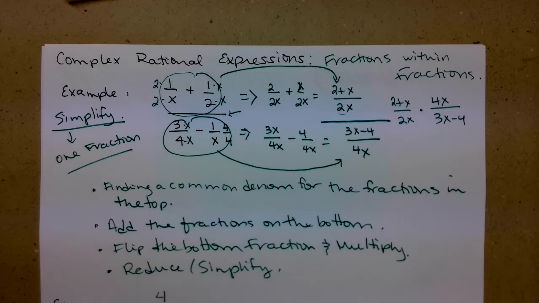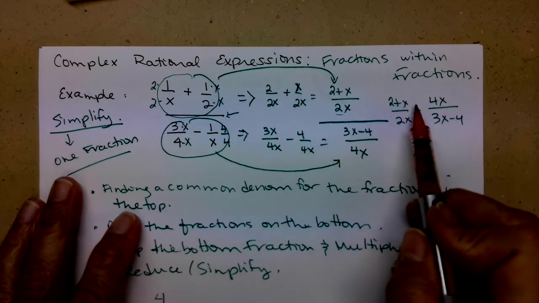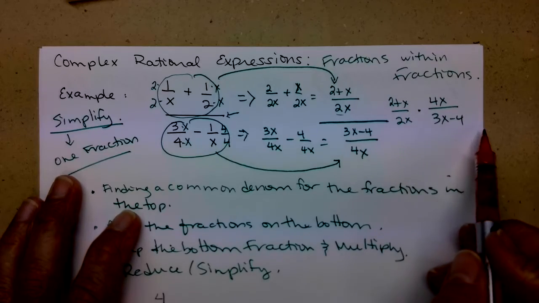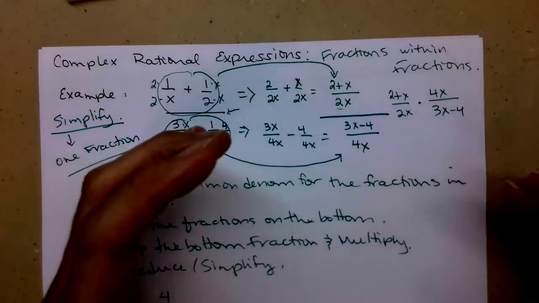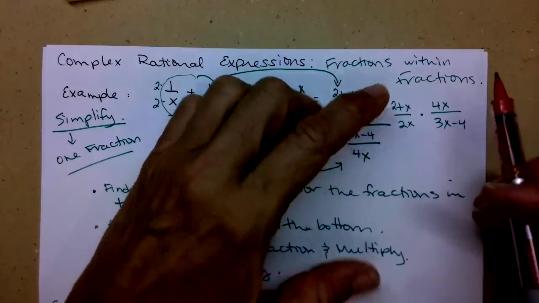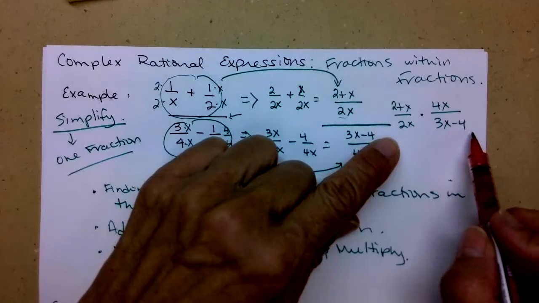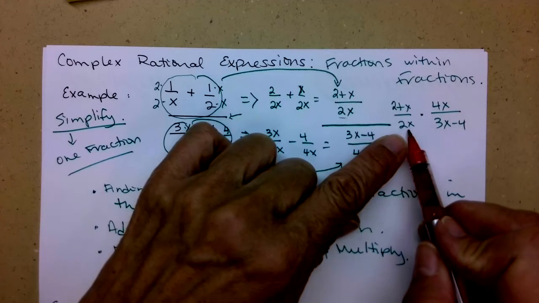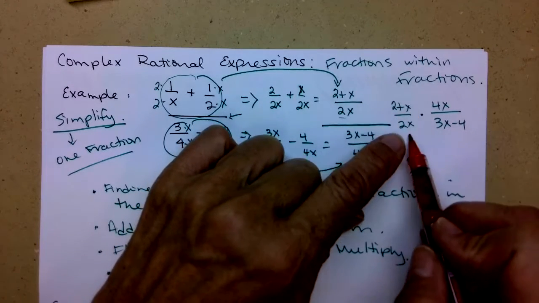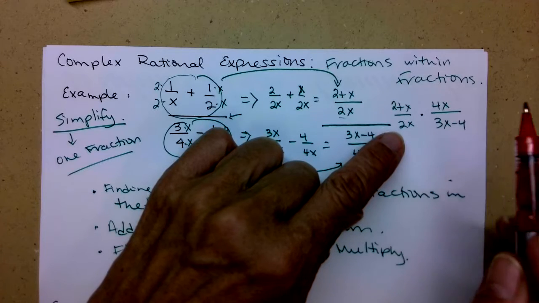There's not a ton, is there? The 2 plus x, I don't have any 2 plus x factor. So in order for me to reduce this 2 plus x, I'd have to have a 2 plus x in parentheses down here on the denominator somewhere, and I don't. 2 times x, not the same.